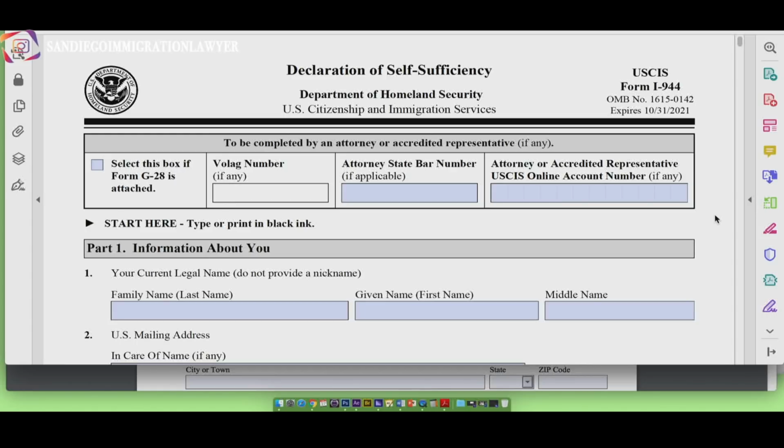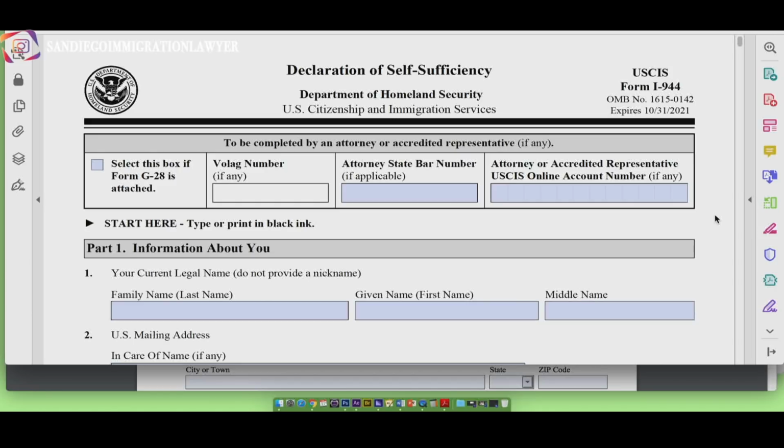So just to cover some of the basic exemptions, if you are a VAWA self-petitioner, those are people filing under the Violence Against Women Act, or a special immigrant juvenile, a Cuban, Afghan, or Iraqi national, an asylee, a refugee, or victim of a crime, or a victim of trafficking, then you are exempt and do not have to file the Form I-944.